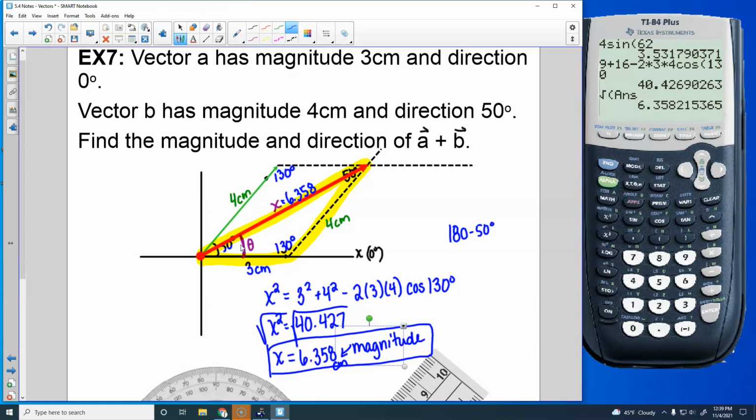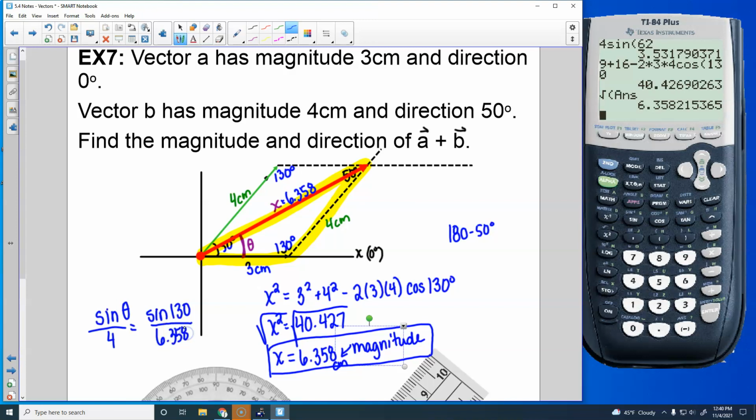Alright, I'm going to use that theta since I labeled it that here, but you can call it whatever. Alright, so 6.358.